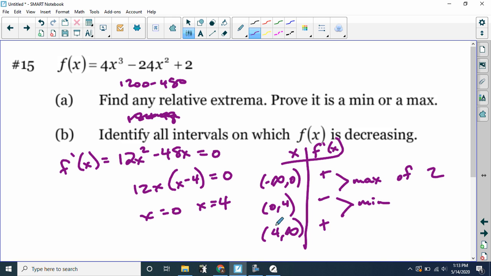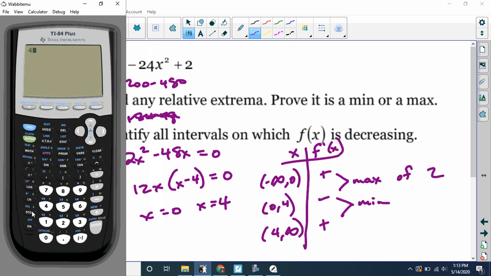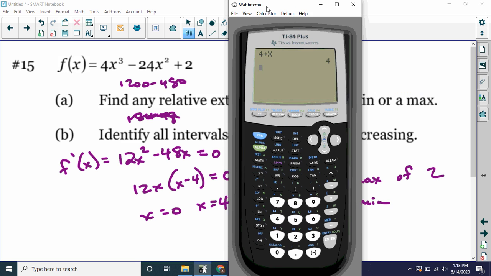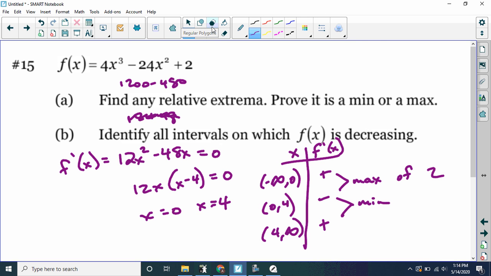We have a relative minimum value of whatever you get when you plug in 4. So plugging in 4 gives us negative 126. That's the relative minimum value.